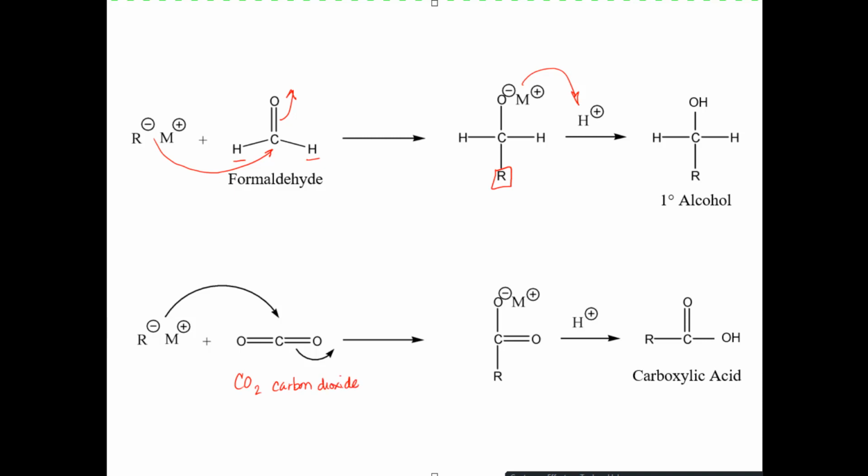I could also react this Grignard with carbon dioxide, right, CO2. And when I react the Grignard with carbon dioxide, the C minus attacks the carbon, and then it breaks one of the two CO double bonds and gives a pair of electrons to the oxygen. So what I ended up doing was adding the R group to the carbon. One CO double bond stays intact, forming the carbonyl group, and then we get an O minus. And then when I add the H plus, I end up forming a carboxylic acid.